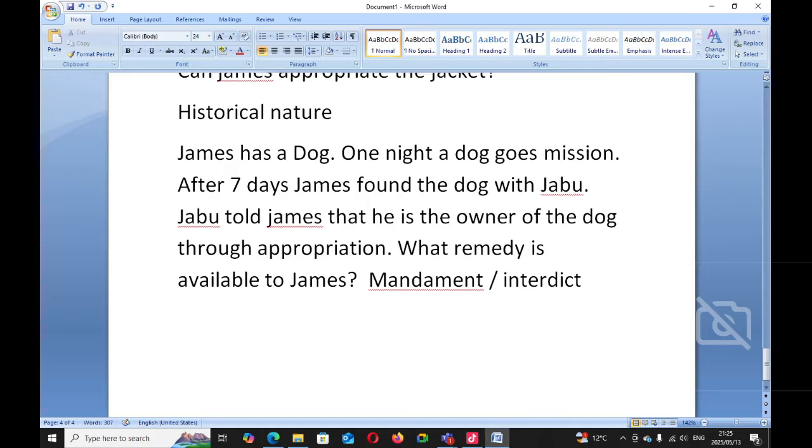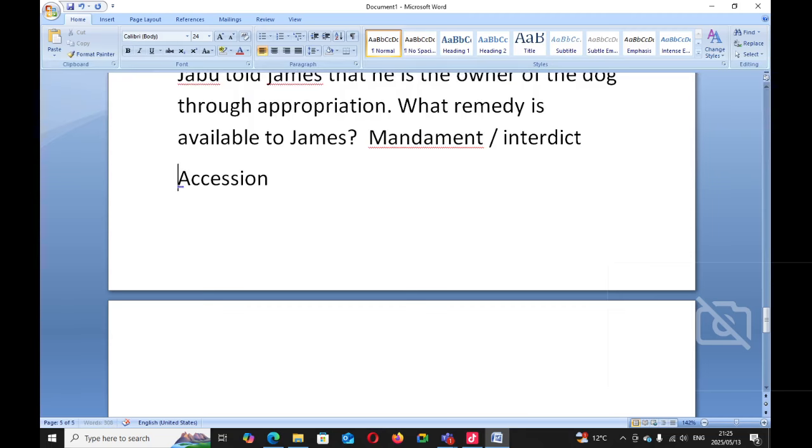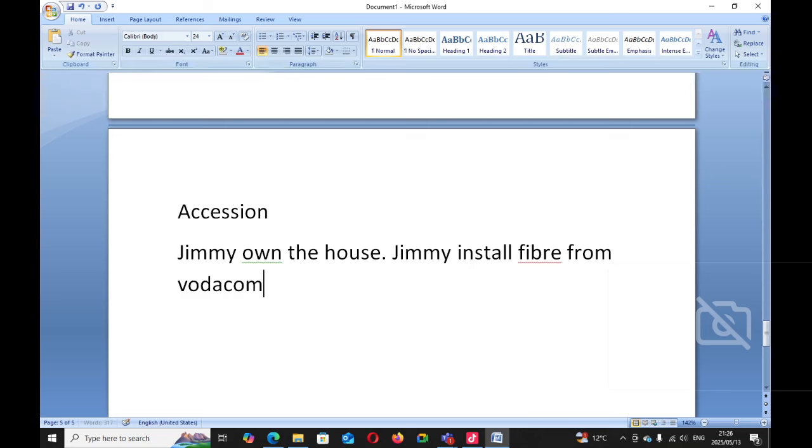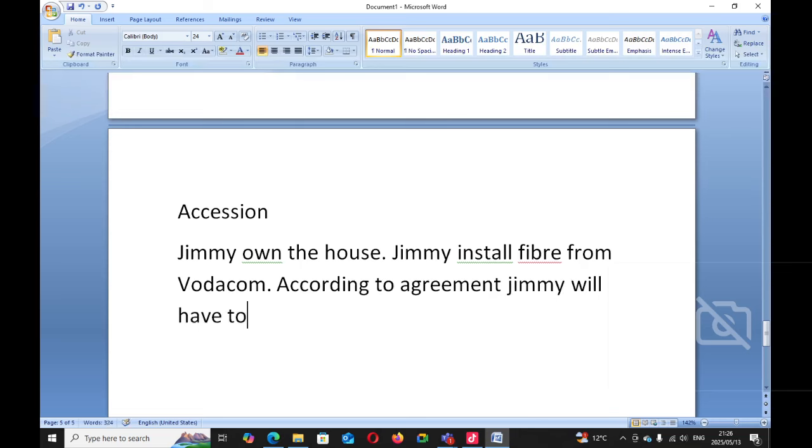Now, when we move forward to accession, this is good. Now, this is one of your lucky ones of a session. Now, let's just say Jimmy owned the house. Jimmy installed fiber from Vodacom. According to agreement, Jimmy will have to pay for a 12 months contract.